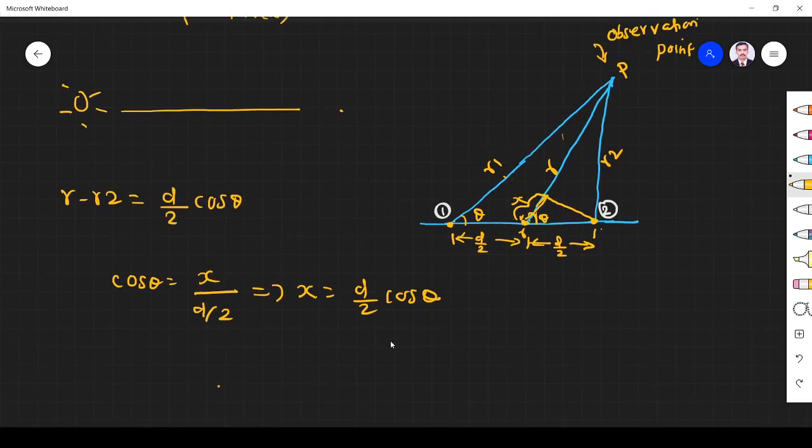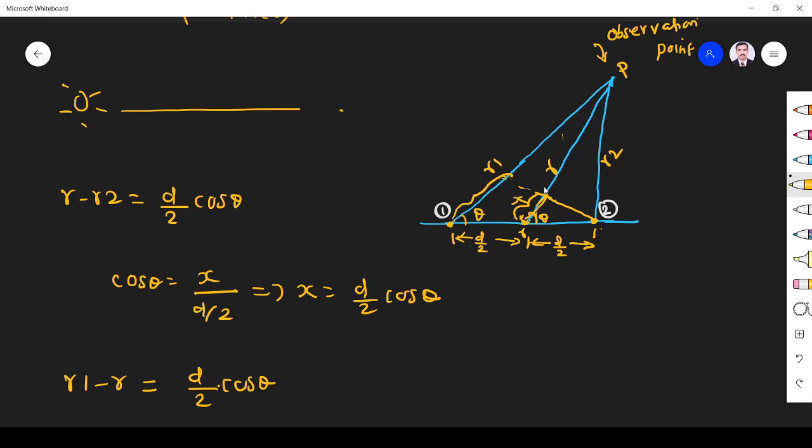Similarly, what is the path difference between R and R1? R1 minus R is also d by 2 cos theta. You observe here, follow the simple thing: this is d by 2, this is theta. I want this distance; the total distance is R1.